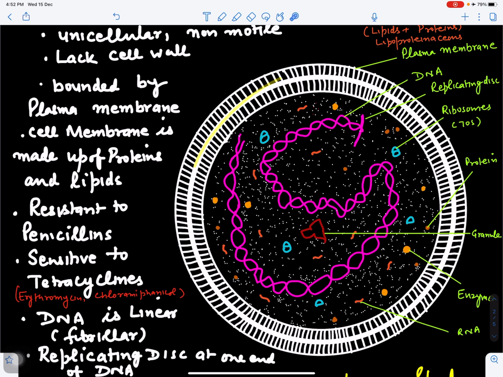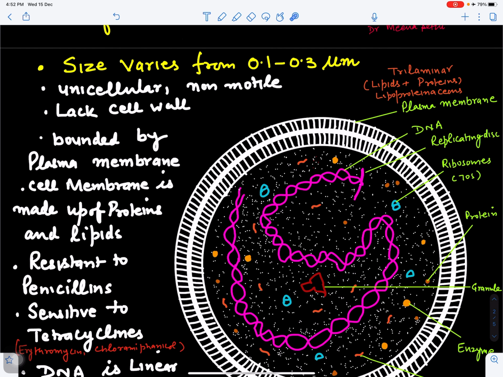Now, this is the plasma membrane which is bounding the mycoplasma. The cell wall is lacking. They are gram negative. They cannot be stained with the gram stain. They are prokaryotic in nature. They are bounded by a plasma membrane which is trilaminar in nature. This is the outermost layer, called the plasma membrane. It has three layers, so it is trilaminar.